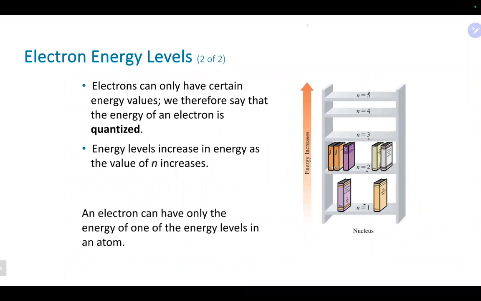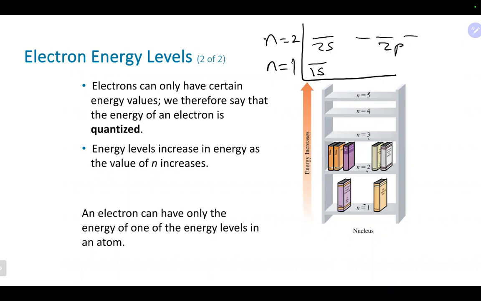On the very first energy level, there is only a 1s orbital. There's only really one place for electrons to be found, and that is in an s orbital. And when you get to the second energy level, for example, you also have an s orbital, and that is where you start to see p orbitals start to occur. And as you continue up, you get more and more orbitals.